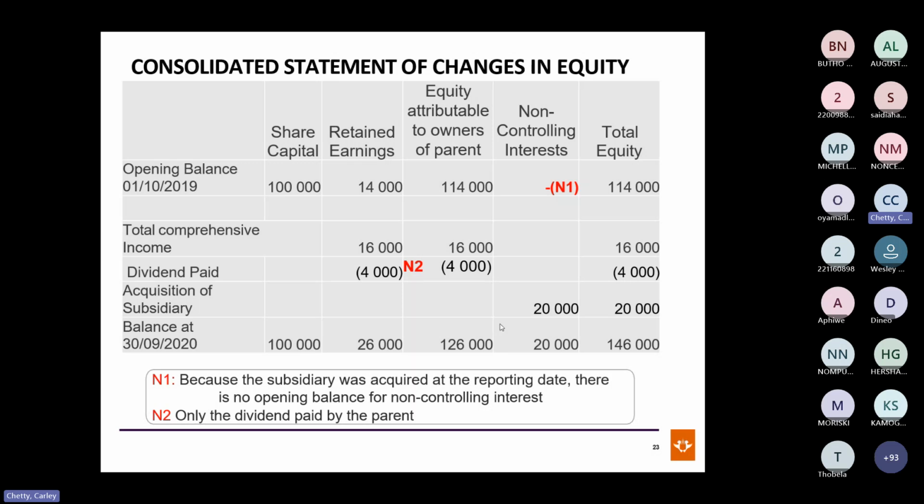Okay. So this is the consolidated statement of changes in equity. But you can't just do this without doing the analysis of owner's equity. So the analysis of owner's equity helps us do the consolidated statement of financial position and the consolidated statement of changes in equity.